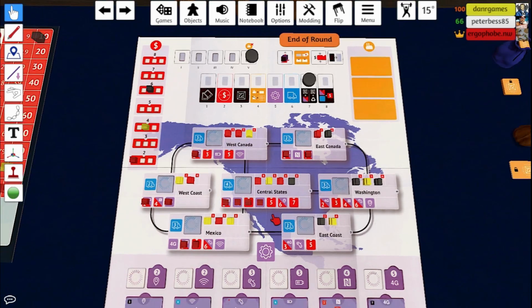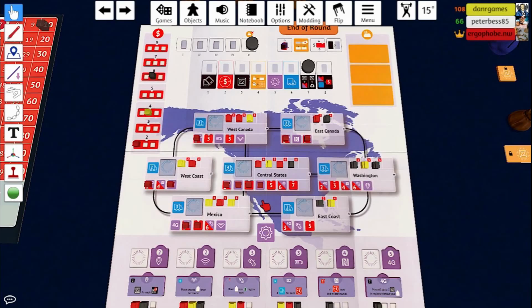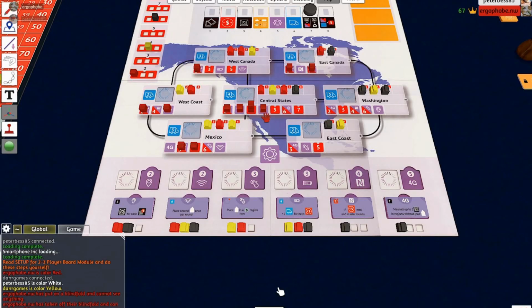Is that the best I can do? Well, Dan's going to be next. I've got 9 cubes to play with, too. And mine are worth twice yours, Nathan. Yeah, I know.